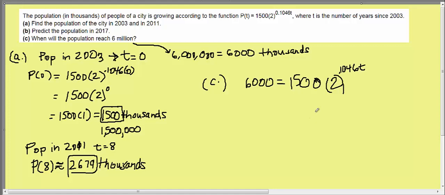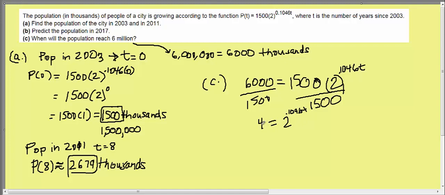To get this exponential by itself, we first are going to get rid of this 1,500. I'm going to divide both sides by 1,500. I get 6,000 divided by 1,500 is 4, and this is equal to 2 to the 0.1046 t.